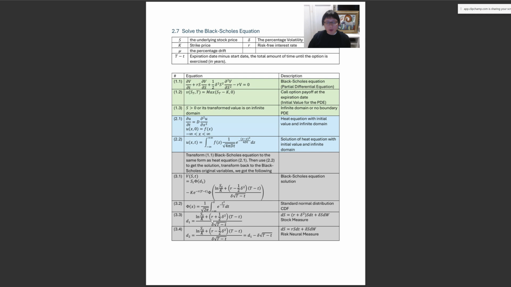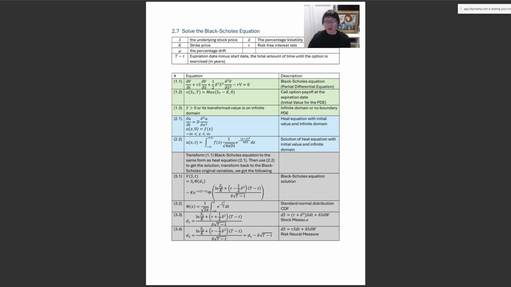Now we go back to D1. We can see D1's formula is very similar to D2, but the only difference is that it has a plus sign instead of a minus sign. If you put in D1 and get a probability, and do some investigation, you will find this probability means, if we measure the stock price using the stock measure, the mu in the original form is replaced by the interest rate plus the volatility squared.